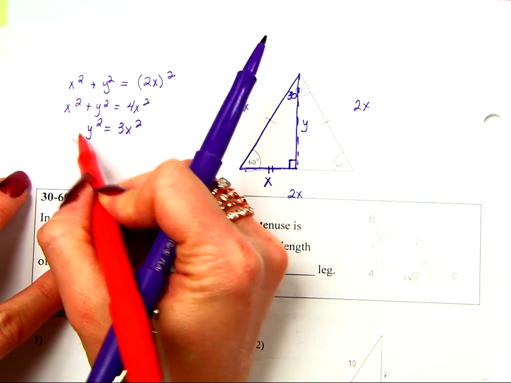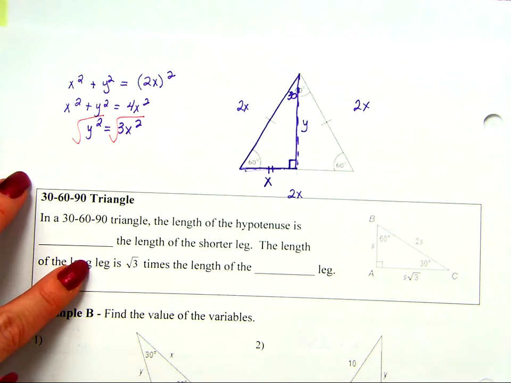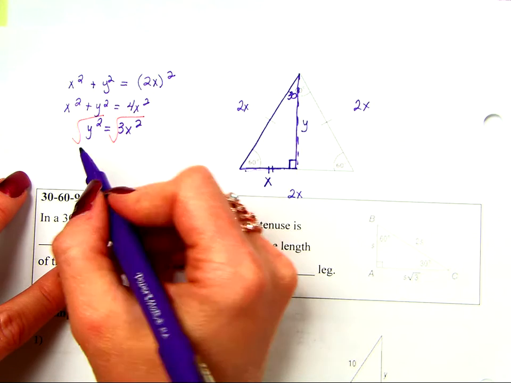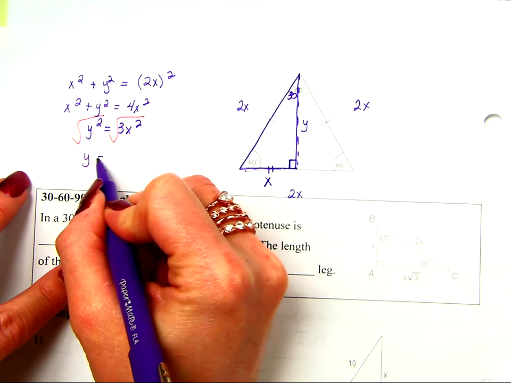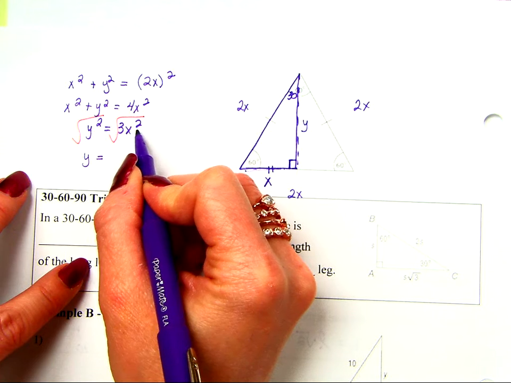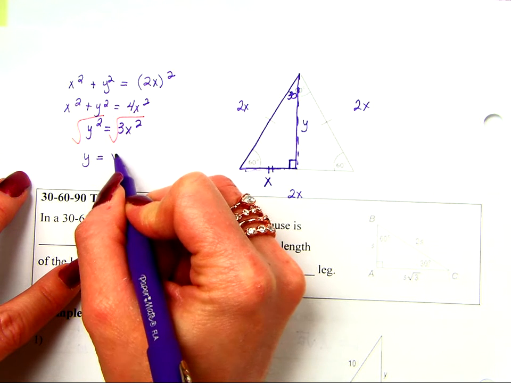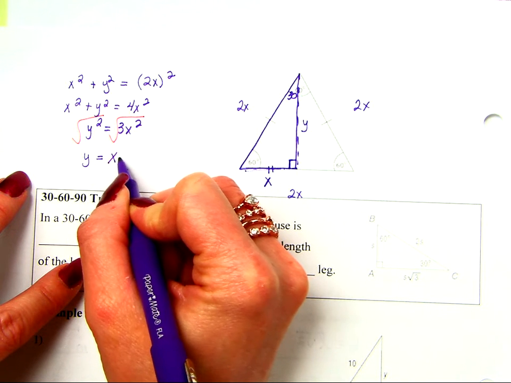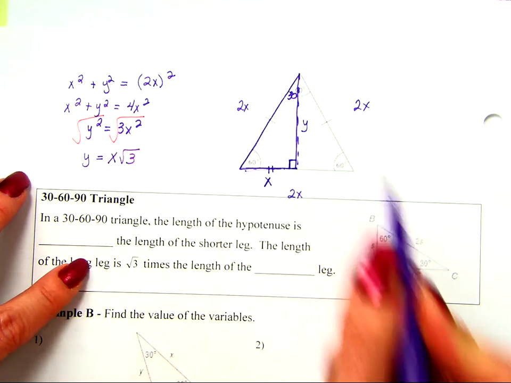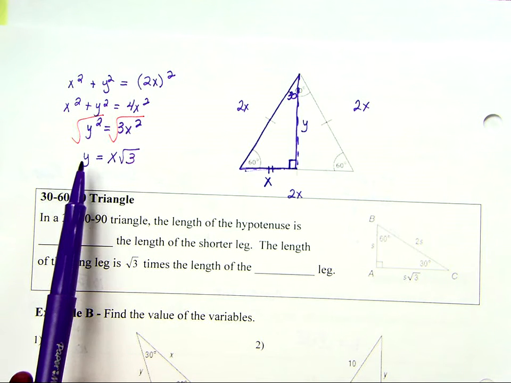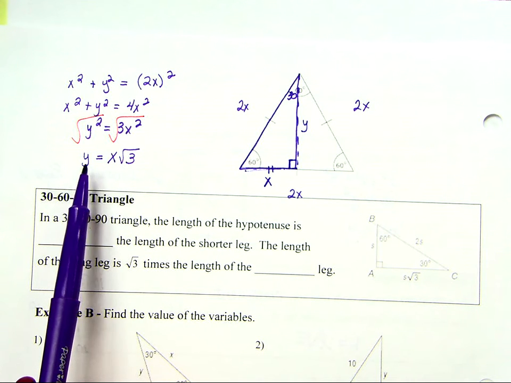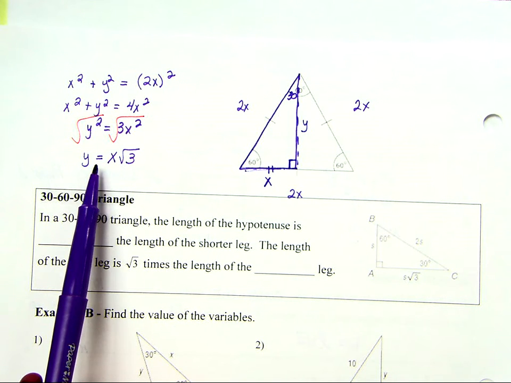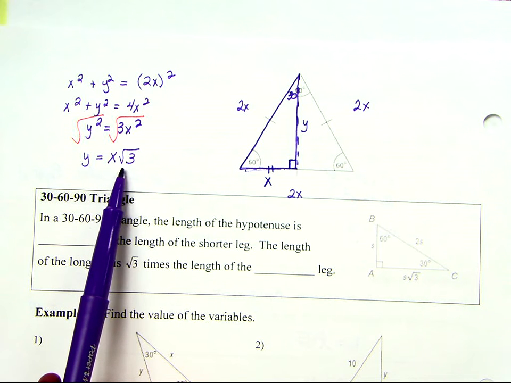Taking the square root of both sides, y would actually be equal to, well, the square root of x squared is x. The square root of 3 is not a rational number, so I'm going to leave it as root 3. But this kind of shows the relationship between x and y. Y is equal to x times root 3.